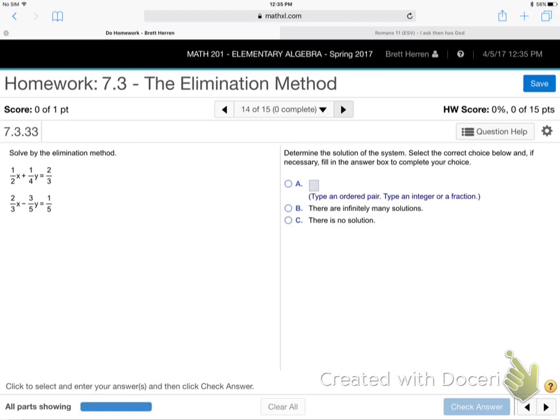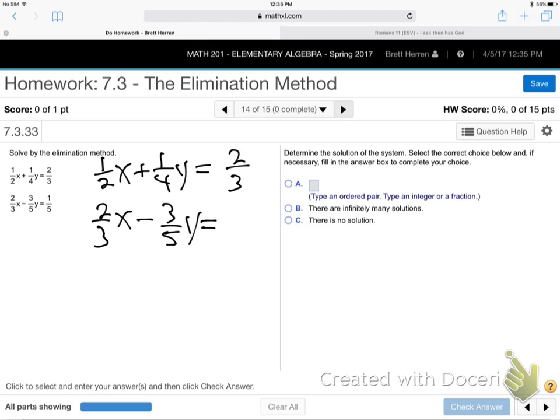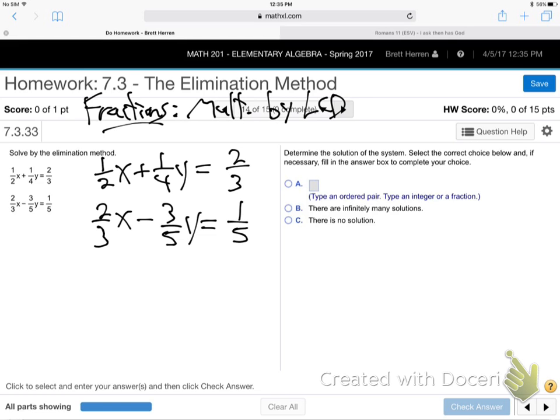Okay, so here we go. That's the plan, exactly. Because we don't like fractions. Okay, so the deal is, when you have fractions, let me write it up top. This is the only fraction problem. Fractions: multiply by the LCD every term.